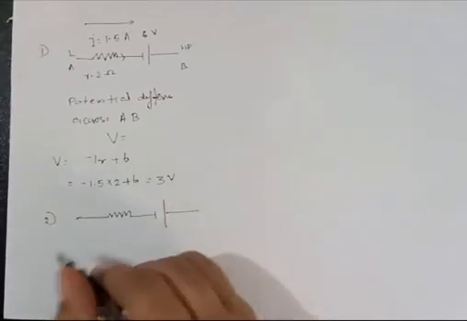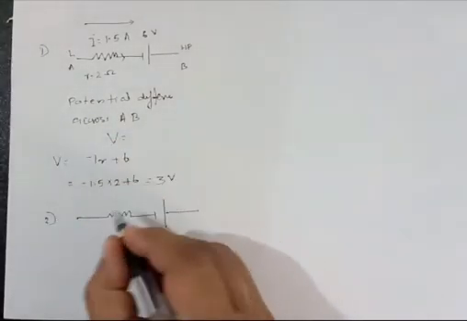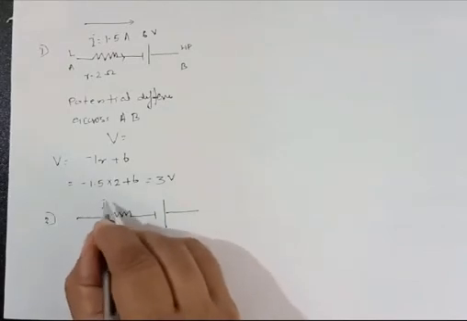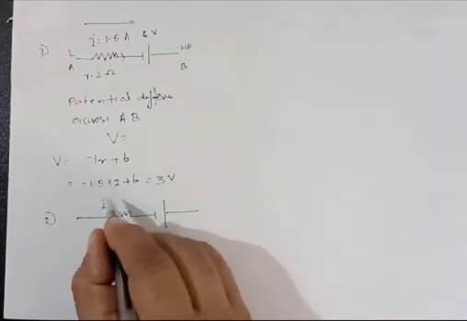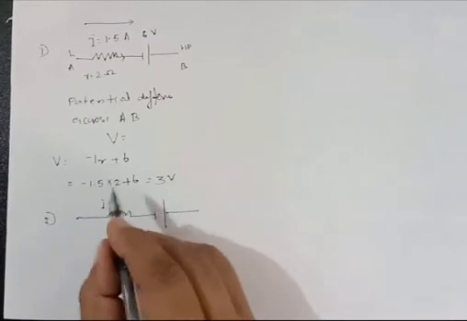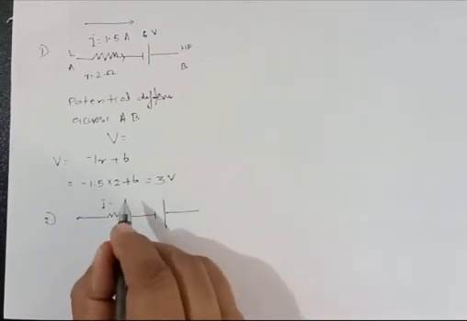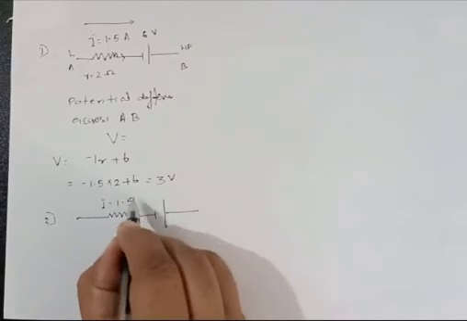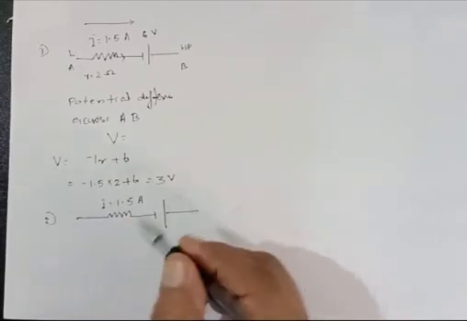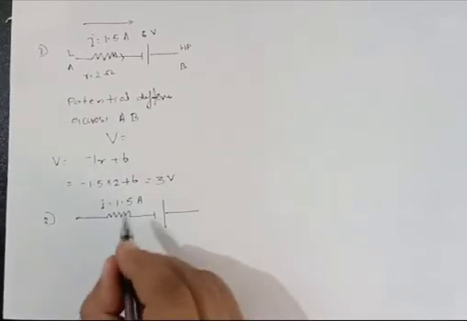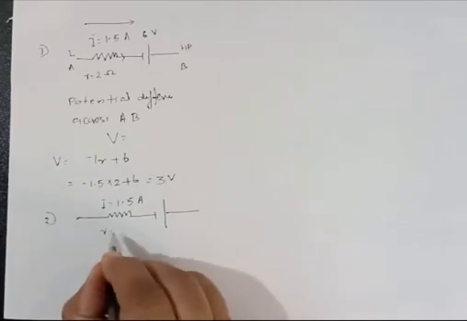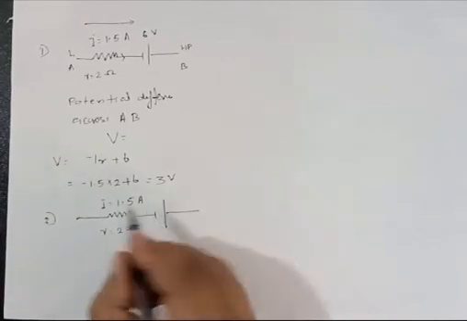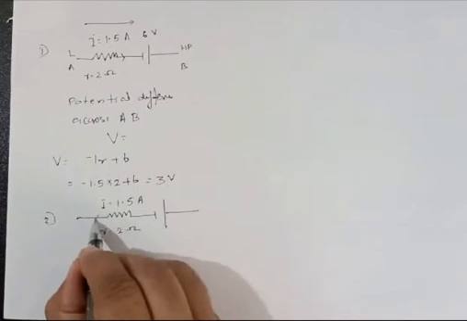Alright. Let's put the same values in here. Let us assume I is equal to 1.5 amp, and R is equal to 2 ohm. Let us assume that current is in this direction.